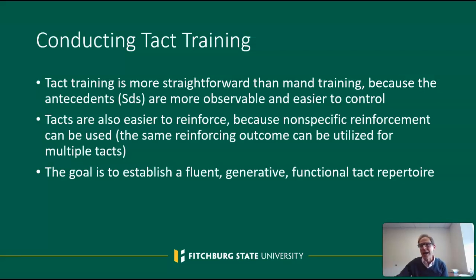I can provide all kinds of things that the person is less likely to satiate on. So I'm going to be able to, number one, know that the item is present. The SD is present. It's clearly observable. And I can provide lots of different kinds of non-specific reinforcement that's not going to be as sensitive to motivating operations. And the goal with tact training is to establish a fluent, generative, functional tact repertoire.